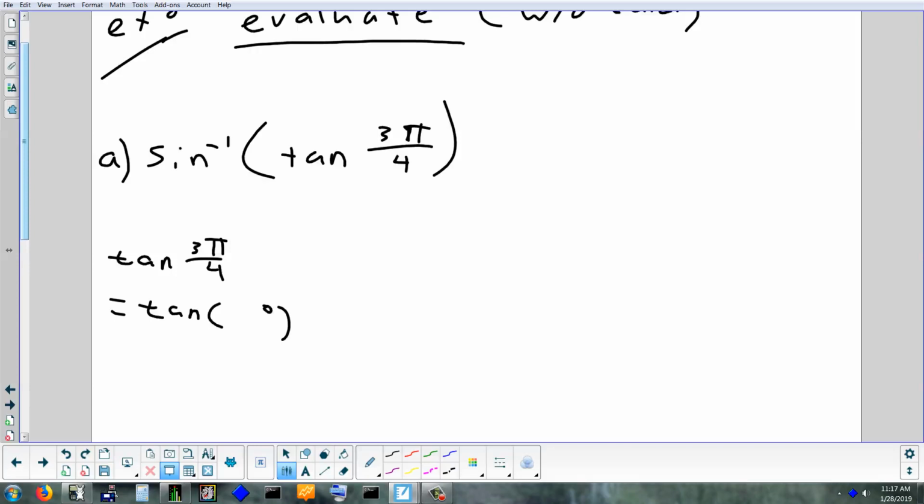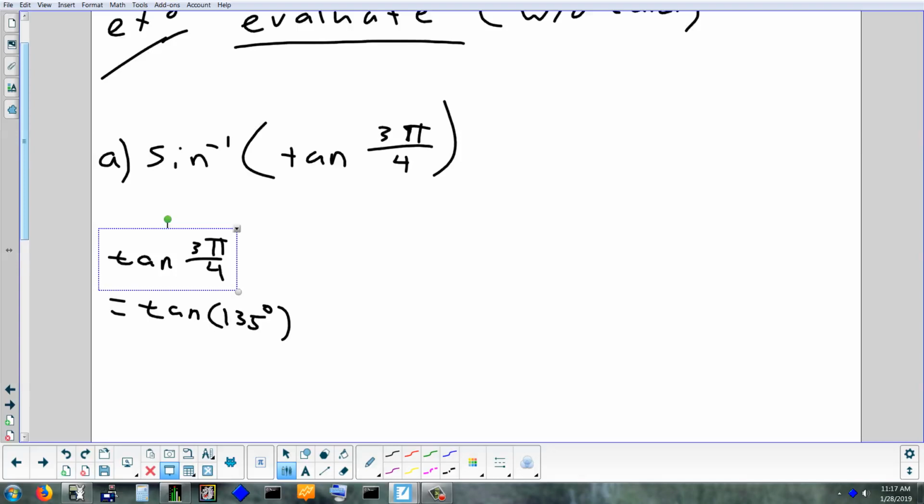Can you tell me what that would be in degrees? 90? 90 would be pi over 2. Do you remember what pi over 4 is? That's 45. Yep, it's 45 and then it's tripled. So it's triple 45, which is... I'm sorry. 135. Yep, 135.